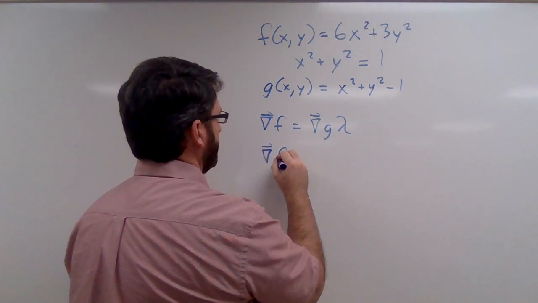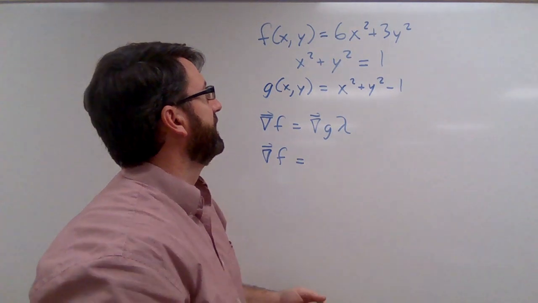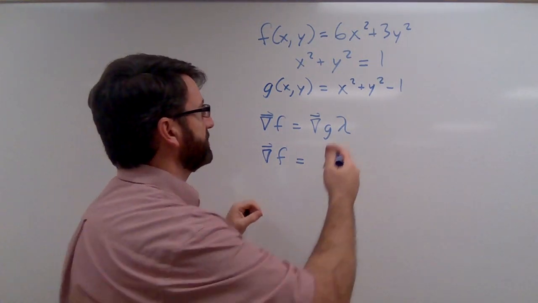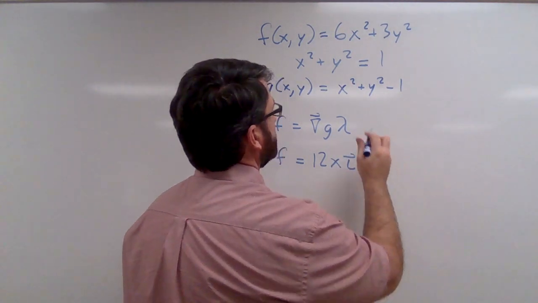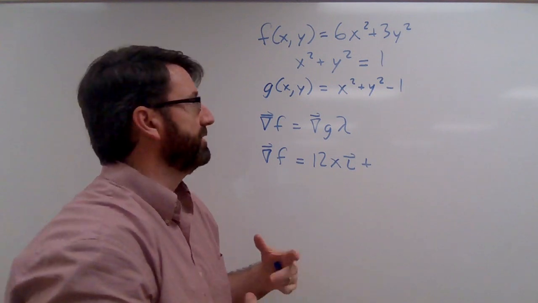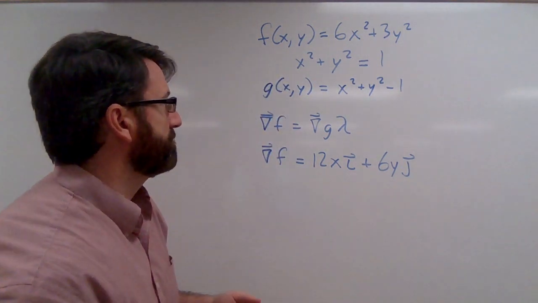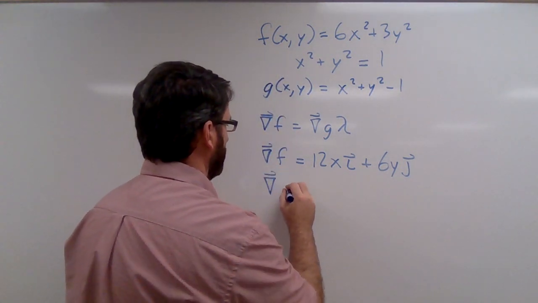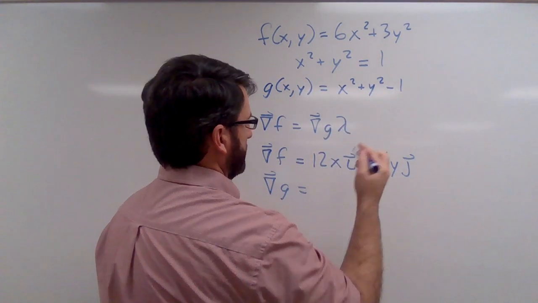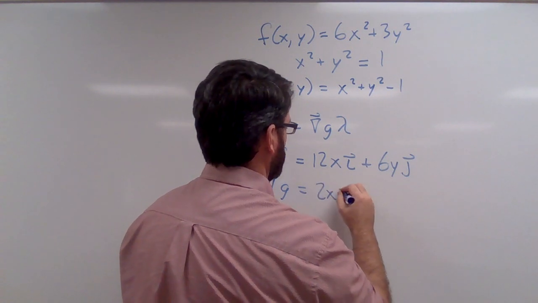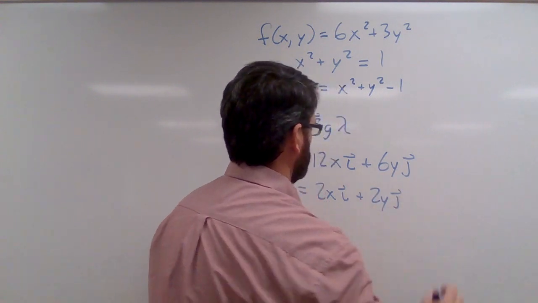The gradient of f is going to be the partial derivative of f with respect to x, which is going to be 12x times i, plus the partial derivative of f with respect to y, which is 6y, times j. And then the gradient of g is going to be the partial derivative of g with respect to x, which is 2x times i, plus the partial derivative with respect to y, which is 2y times j.